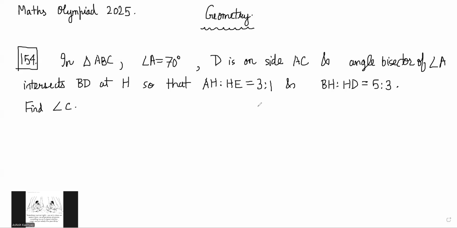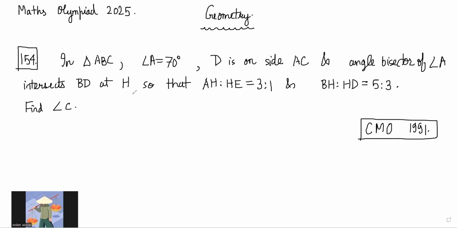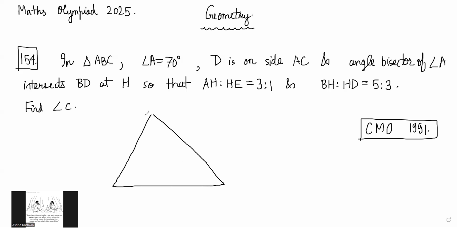Okay. This question is China Maths Olympiad 1991. It's not very difficult. You have to draw the figure properly. So triangle ABC, we have angle A is 70 degrees known.